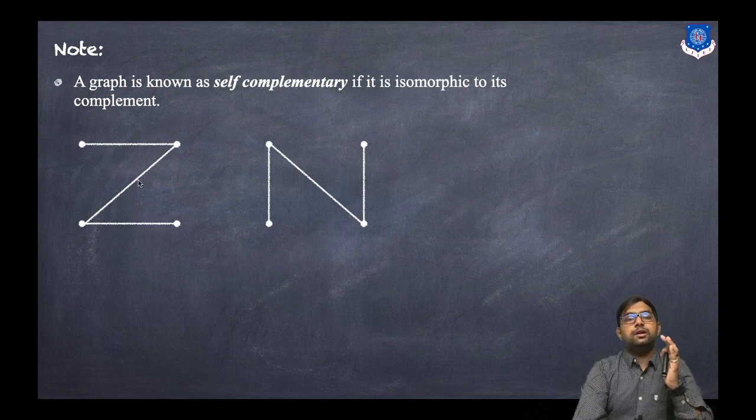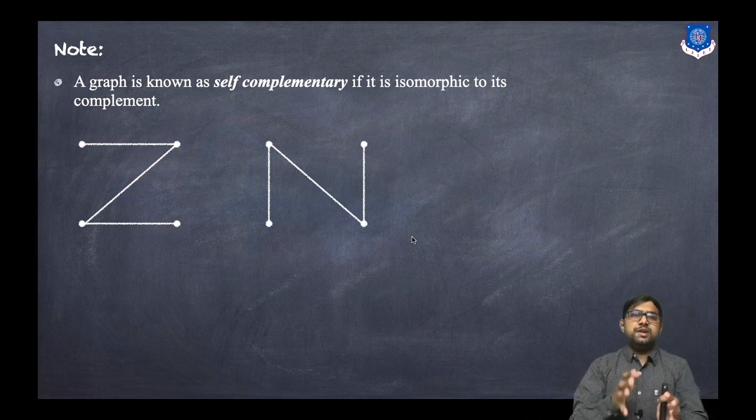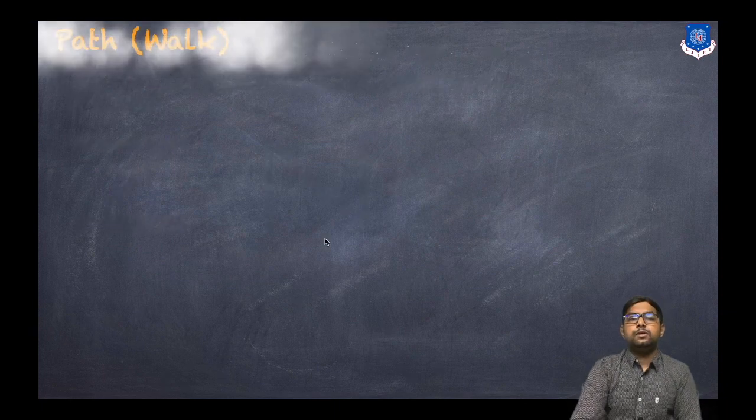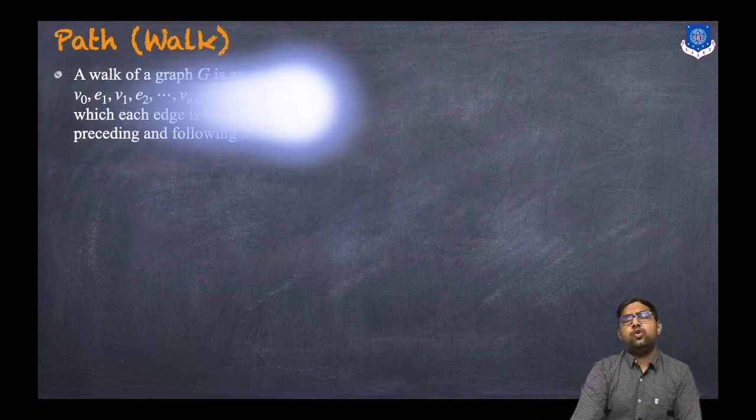These two are not adjacent, so this will be adjacent here, and these two are not adjacent, so this will be adjacent here. Just by looking at this, it is the same graph, so it is a self-complementary graph. After getting the complement of the graph, we are getting the same graph, so it is a self-complementary graph.